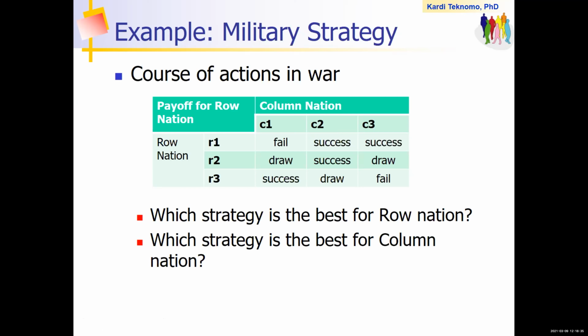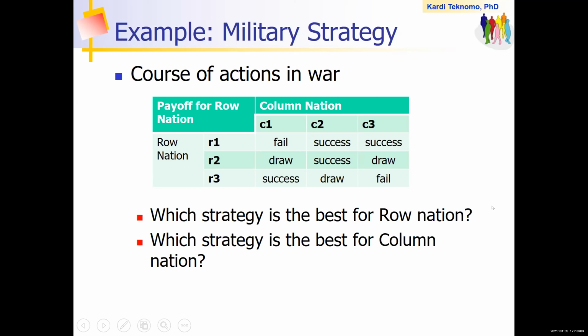Okay? And so on. Now the question here is, which strategy is the best for row nation? And what strategy is the best for column nation? This is what game theory is about. Given this table, you decide for each player, in this case row and column, what the best decision is.